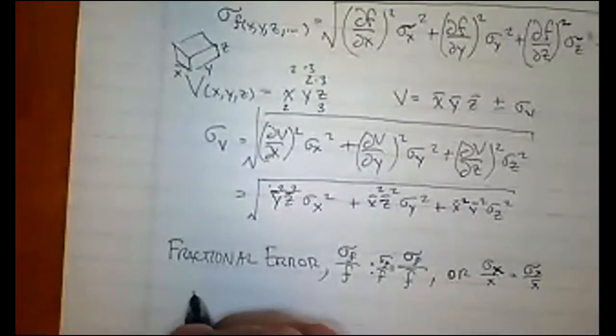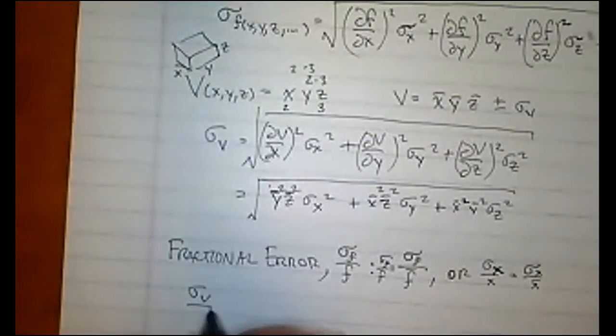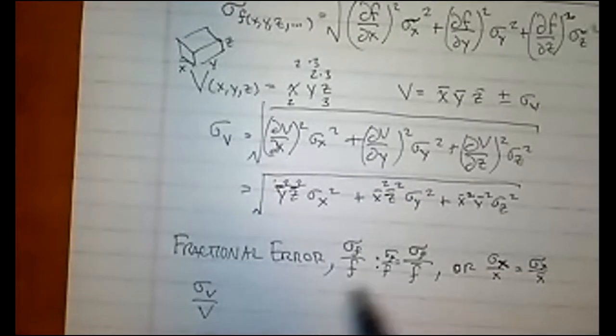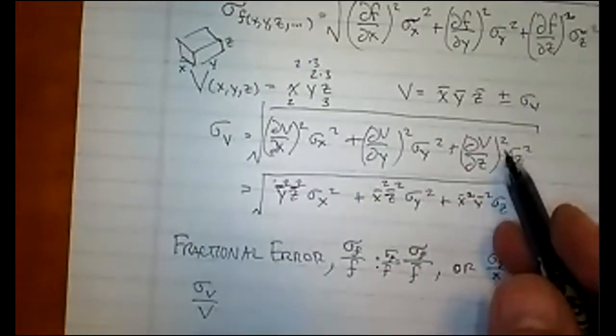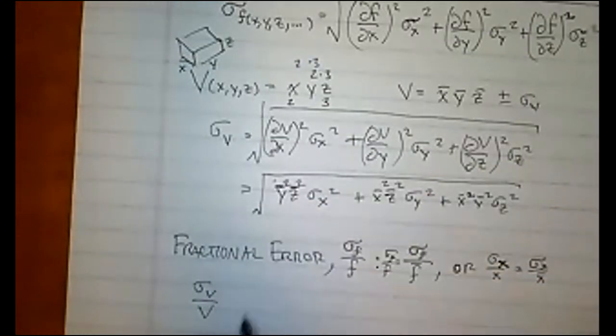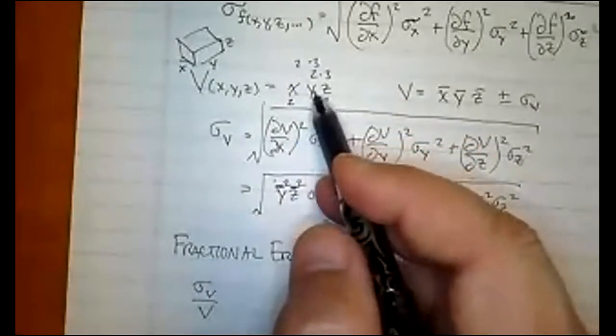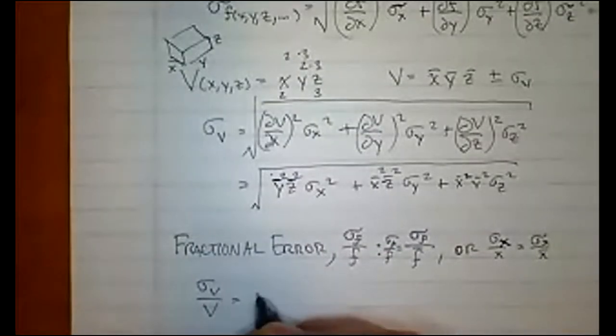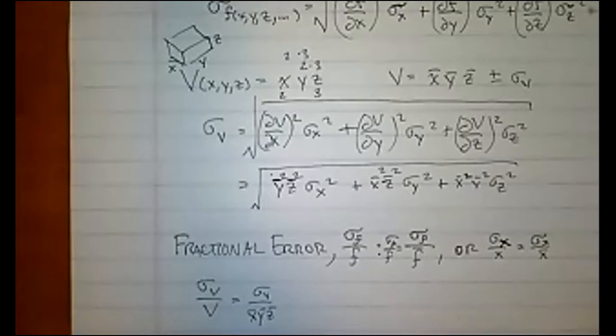I can calculate not sigma v, but sigma v over v, which we know from this means take the uncertainty in v, which would be all this nasty thing, and divide it by the v, which would be x bar, y bar, z bar. So that's going to be sigma v over x bar, y bar, z bar.